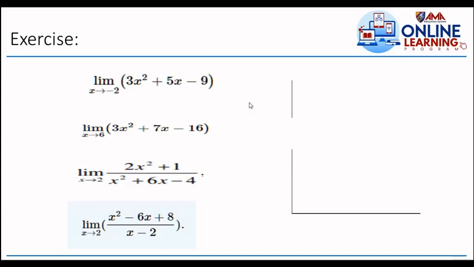Zero yung denominator natin dyan, di ba? So, ipa-factor natin siya. Opo, sir. Ano po sagot sa huli, sir? Okay lang, pakitry lang.